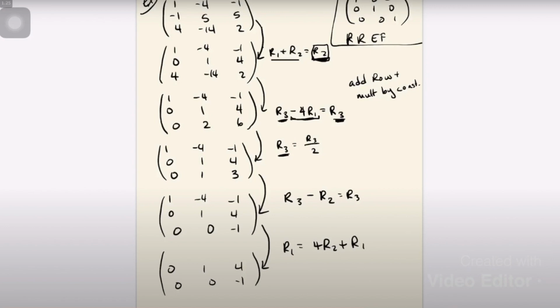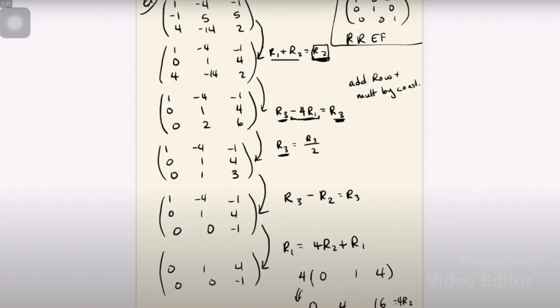Okay, so row 2, which is this thing, you multiply 4 to it, and you get this. So you get 0, 4, 16, and so that's the new row 2. Or like it was 4 times 1, 4. And then you add it to row 1, which is this.